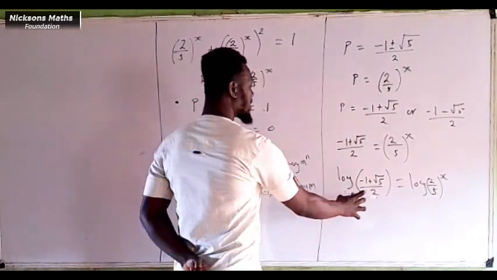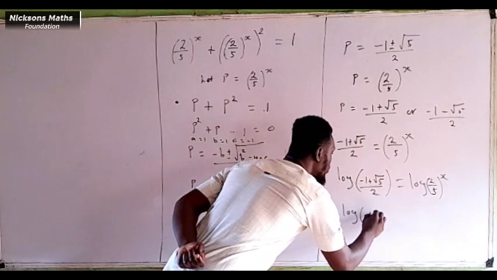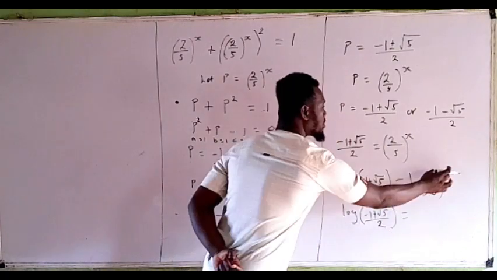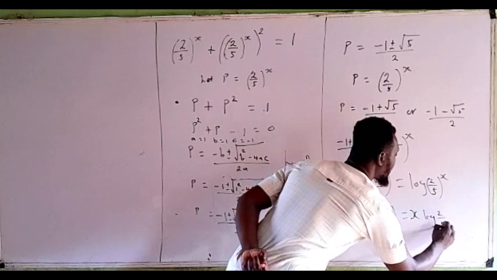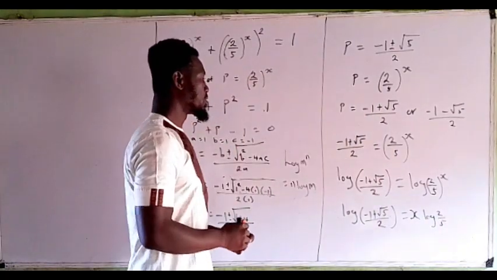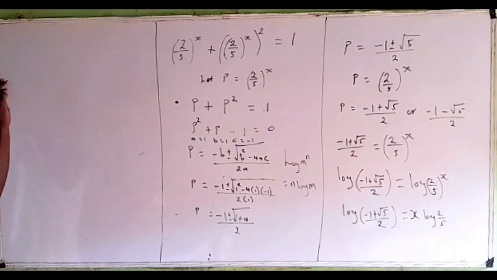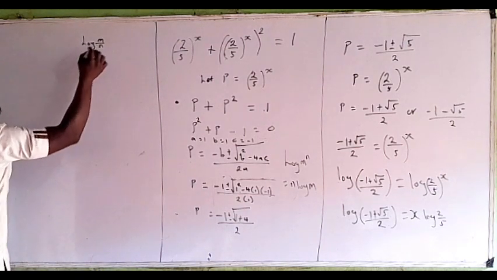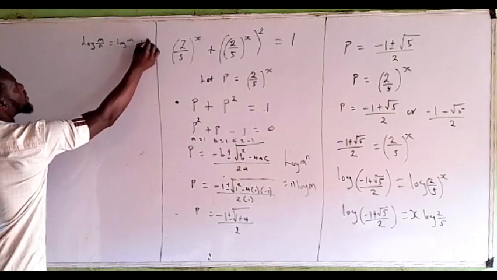Okay? So this becomes log of minus 1 plus root 5 all over 2 is equal to, bring x to this side, x log 2 all over 5. Okay? So let's consider this here. Now, according to laws of logarithm, log of m over n is the same thing as log m minus log n.